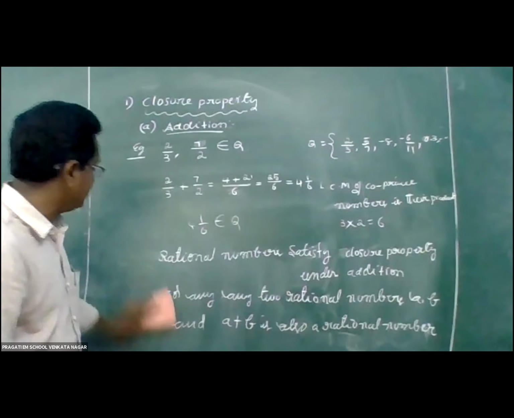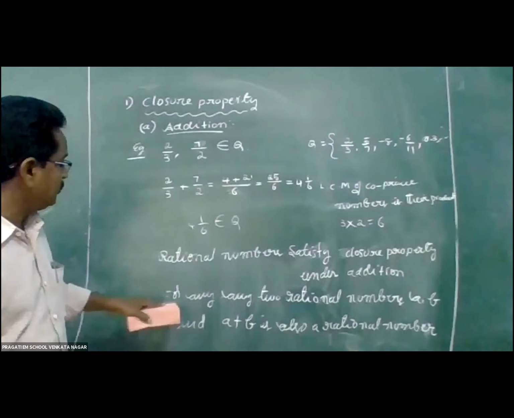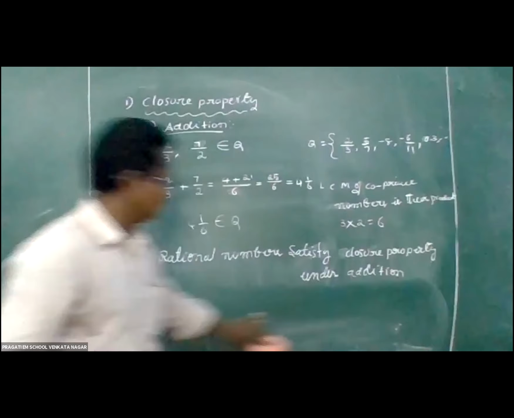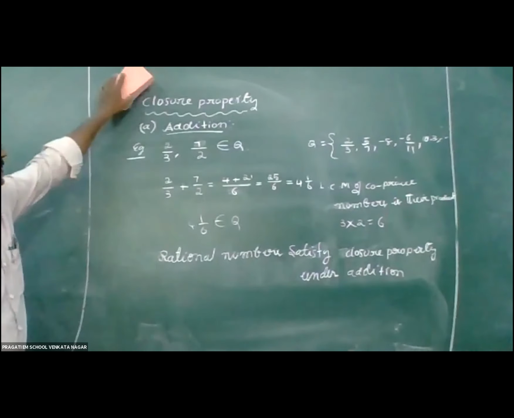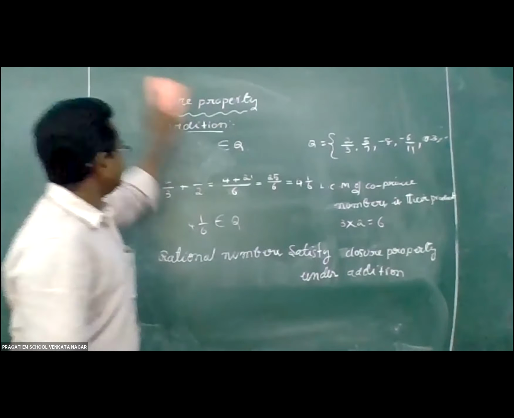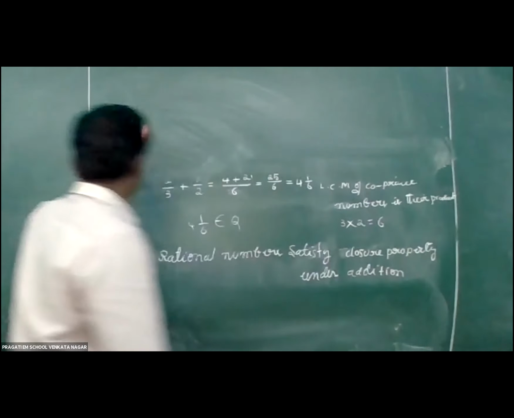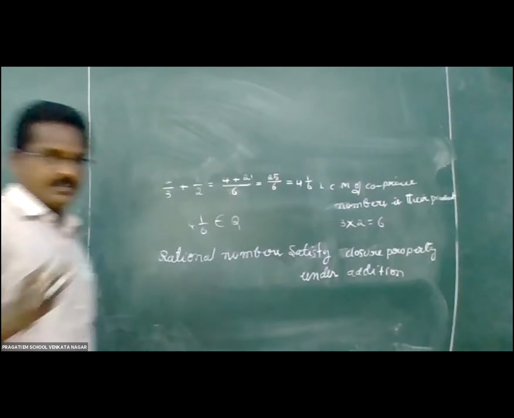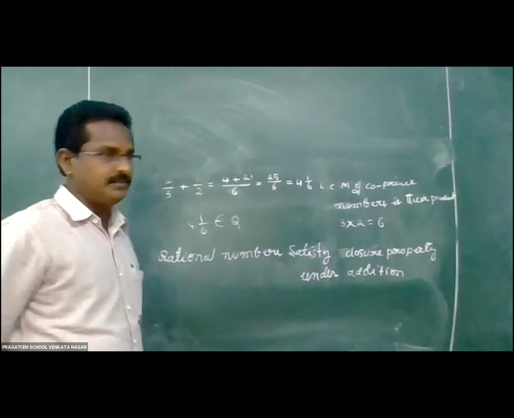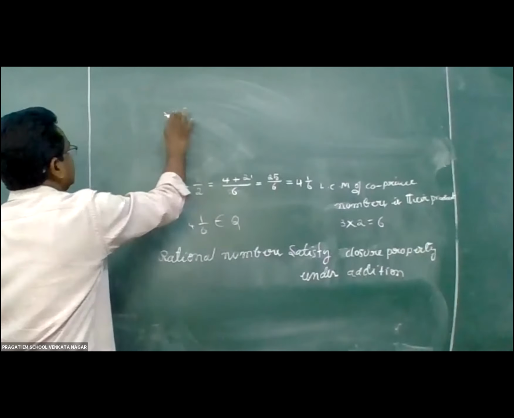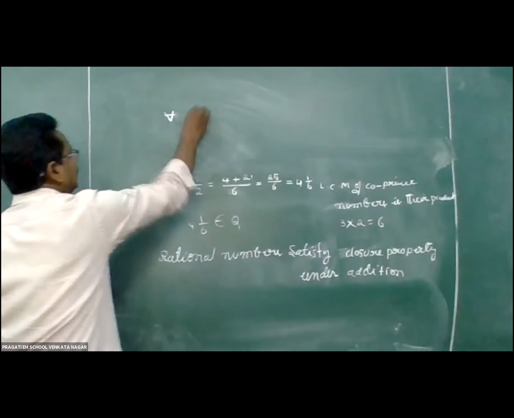I will write this once again. Okay, children, I will introduce two symbols for you. The first one is for all.